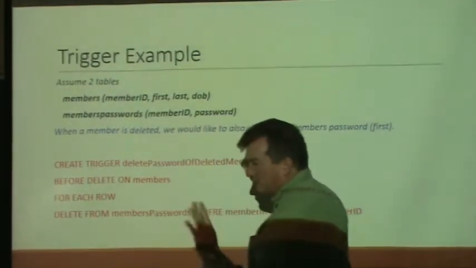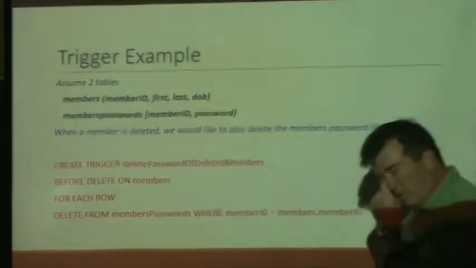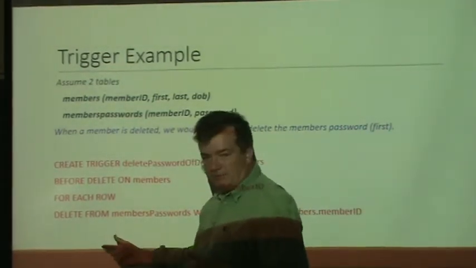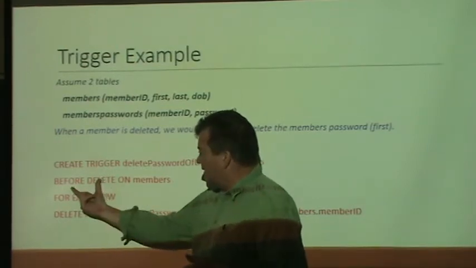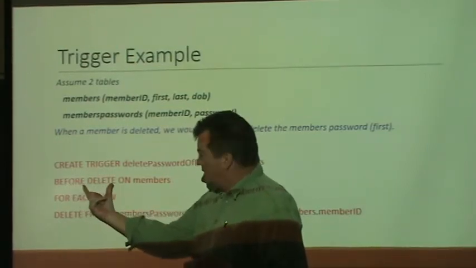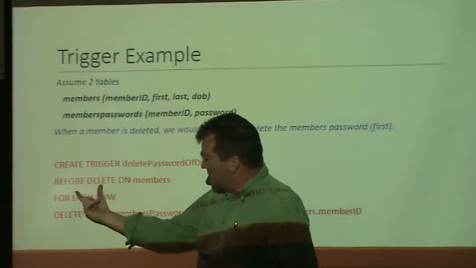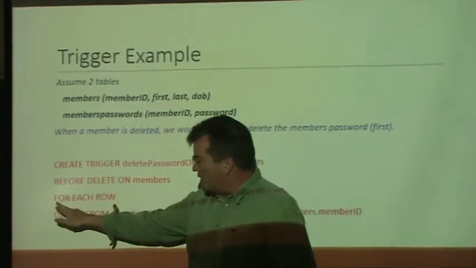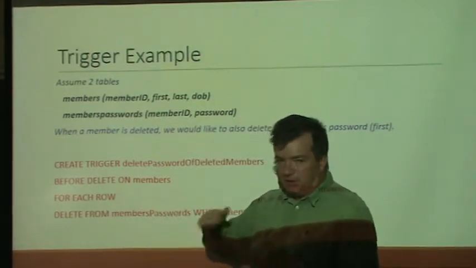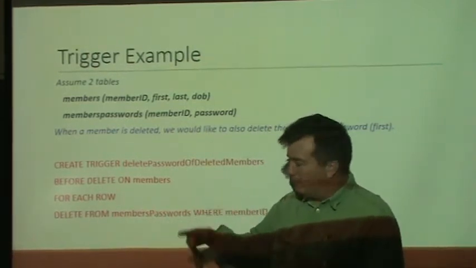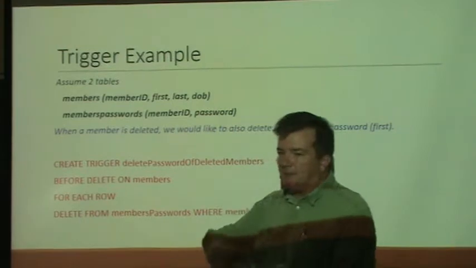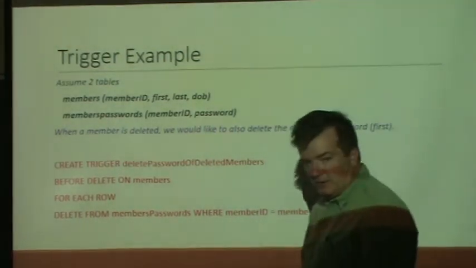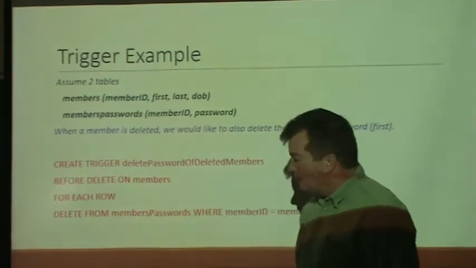We could do it after, but we'll say before delete on the members table. Now by saying for each row, it means we'll do it every time a row is changed. If we don't have this line, that means it happens once when the table is affected. But this is going to be on a per row basis.